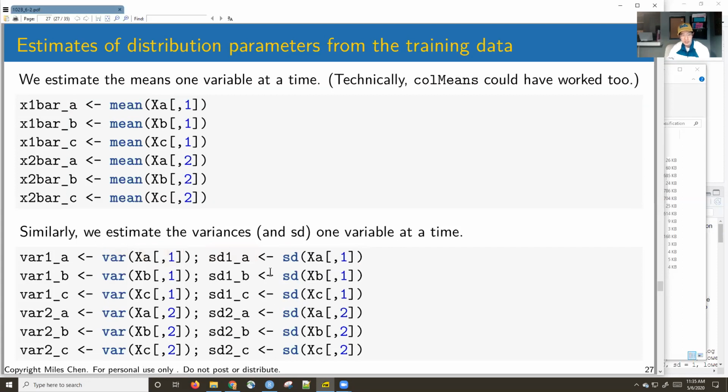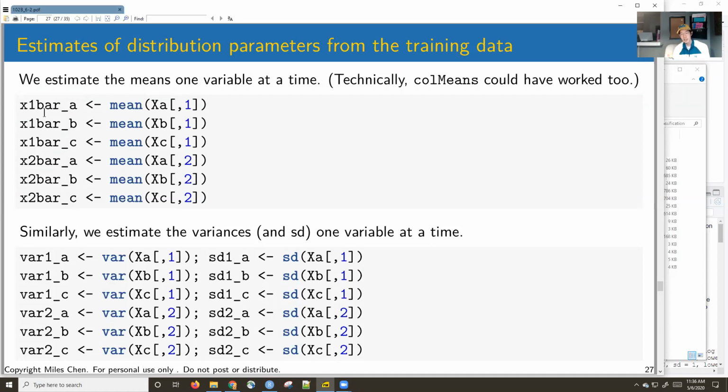In our case, we have 3 classes, so I effectively have 12 parameters to estimate. I've got the means, 3 classes and 2 variables, x1 and x2, and each normal distribution has 2 parameters to estimate, so I have 12.